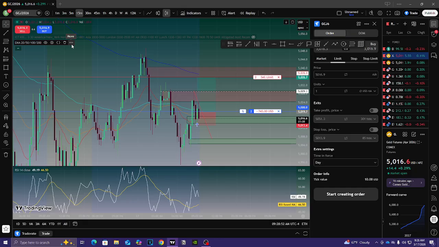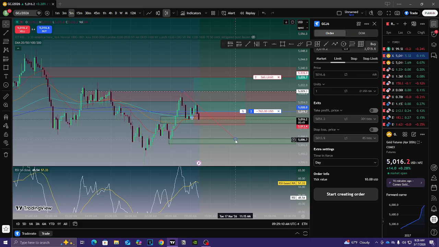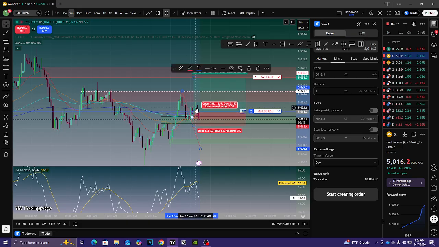Manipulation. I feel like that's all manipulation because 9:45 has yet to come. Whenever it's not 9:45, we do get a lot of manipulation. But I did get a break right here, so I'm following my strategy. I did get a break right here. Boom. So I entered right here on this candle.